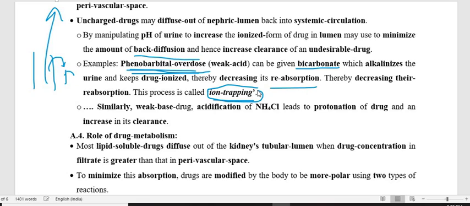Because you are making it ionic, it is not reabsorbed, rather it gets excreted out. It gets trapped in the lumen because of the formation of the ion. So this is called ion trapping.